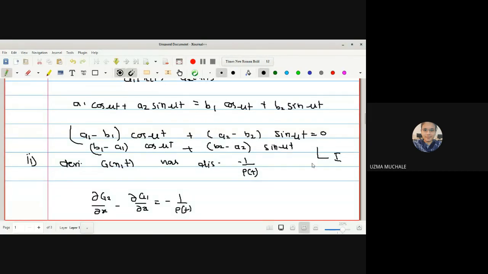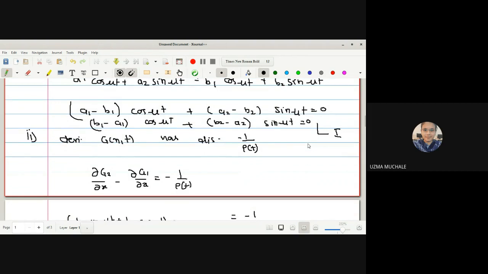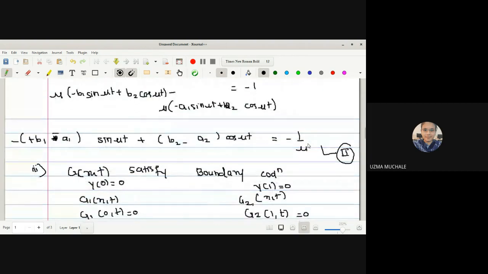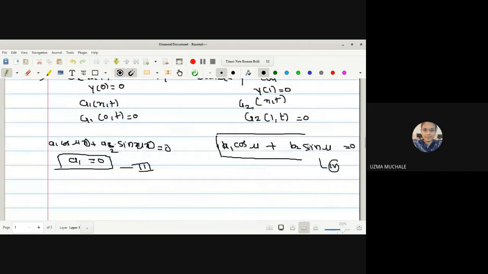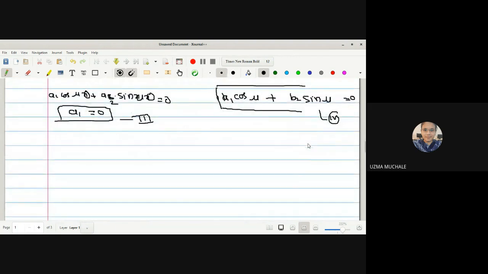So this negative sign does not matter because if I take the negative from both sides, it will be again the same equation. Here also it is b1 minus a1. Okay. So totally we have 4 equations in 4 unknowns. What are the 4 unknowns? a1, a2, b1, b2.